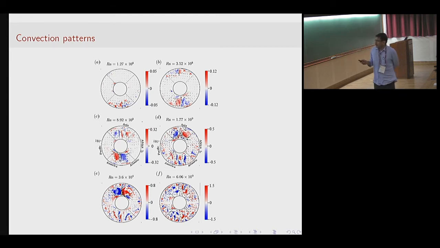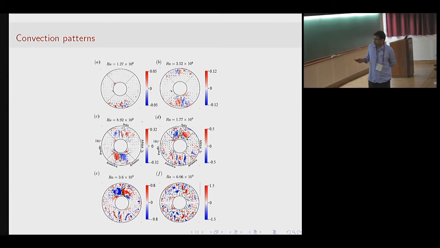So the dominant structure of convection is that of a cyclone-anticyclone vortex pair. So what I have shown here is the Z vorticity with arrows of radial velocity superposed.